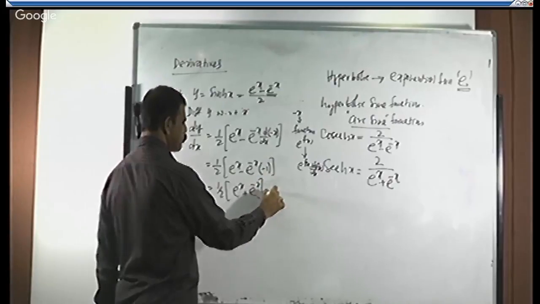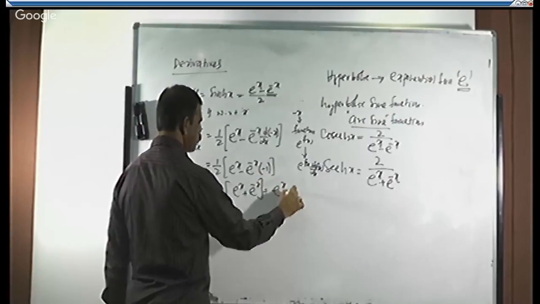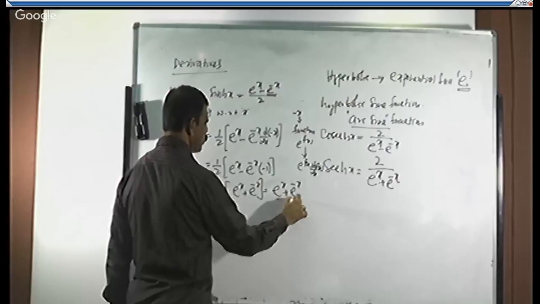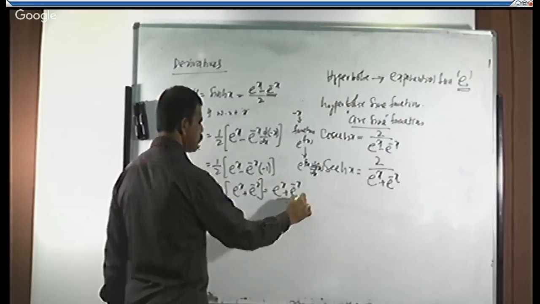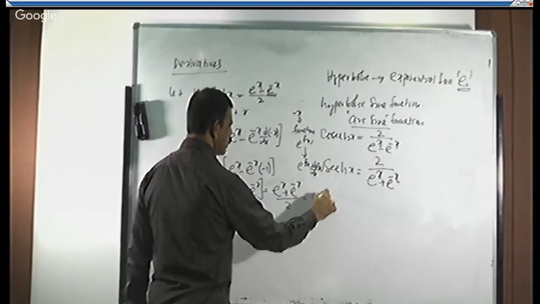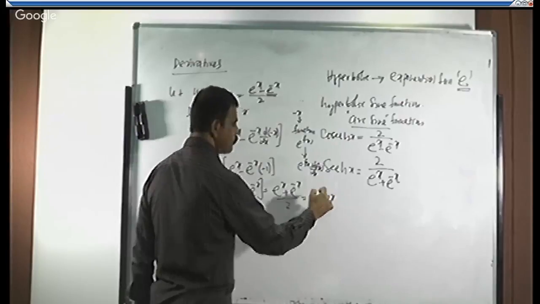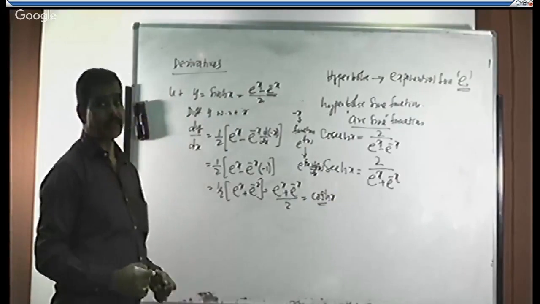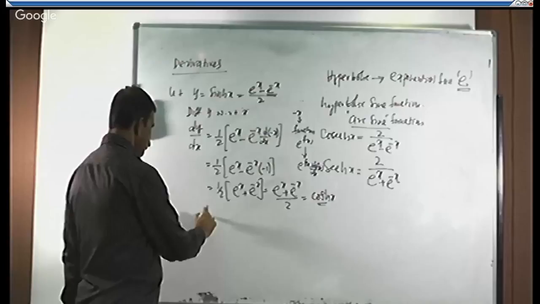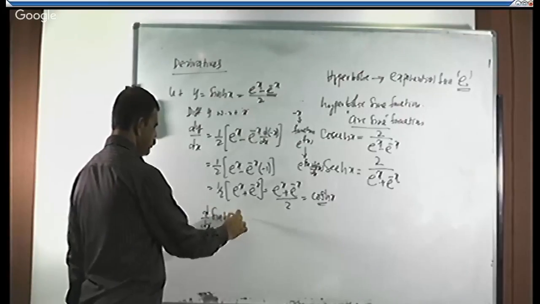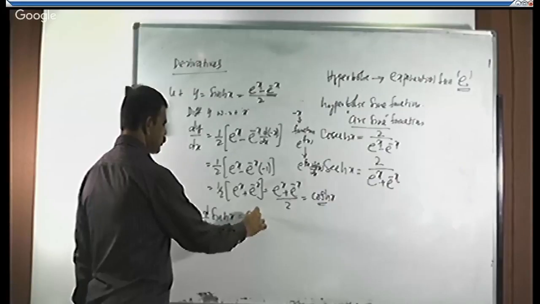So it becomes e power x plus e power minus x divided by 2. What is it? It is nothing but cosh x. So d by dx of sinh x is equal to cosh x.